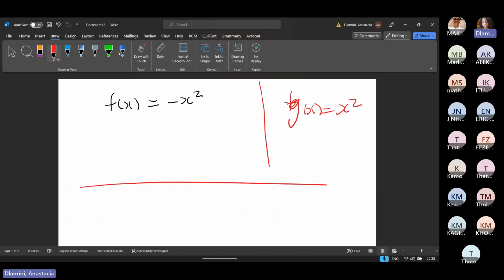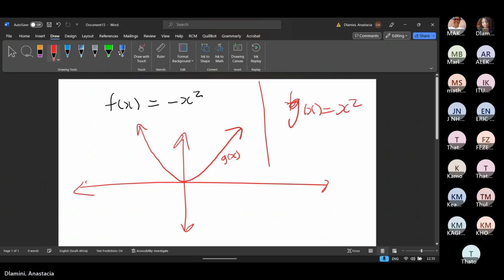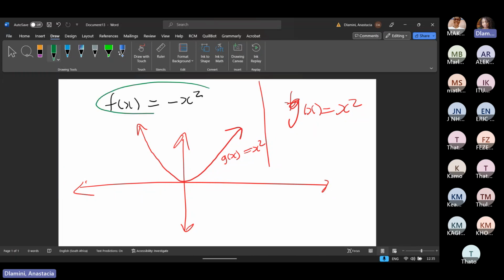So if we draw our parent function, it will look like this, right? So this will be g of x equals x squared. Now, what is the transformation from the parent function to f of x?